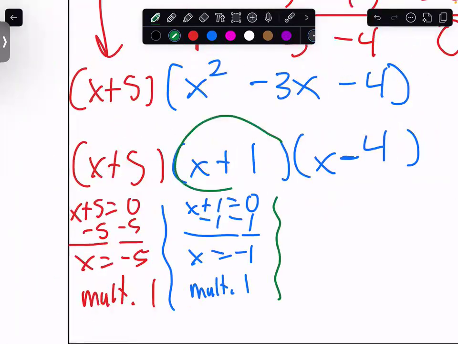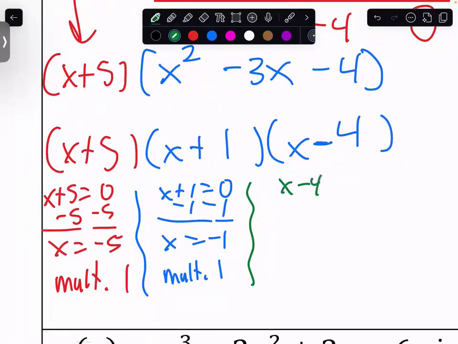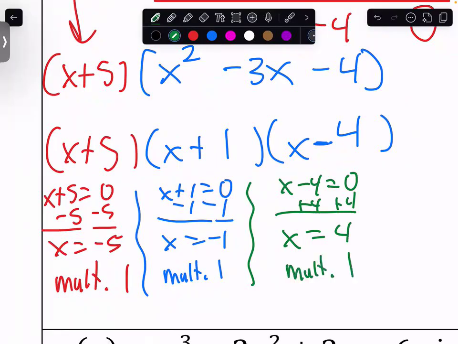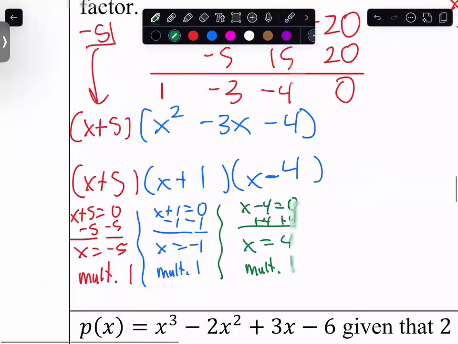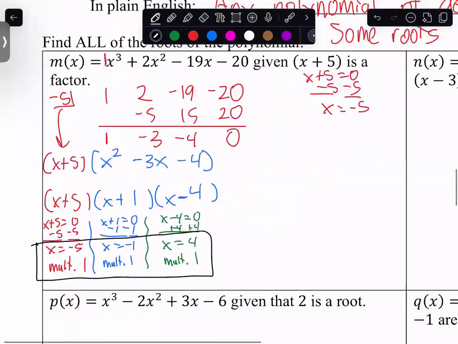From here, you can go straight to the roots; you don't need to show this part. And for this last one, you don't need to show this step, but you need to write that the root is x equals +4, and again, the multiplicity is 1. So that part is your answer.